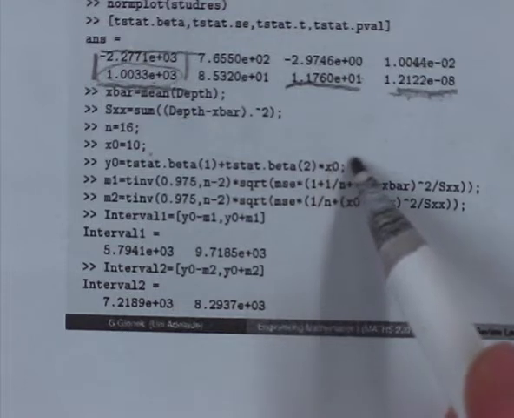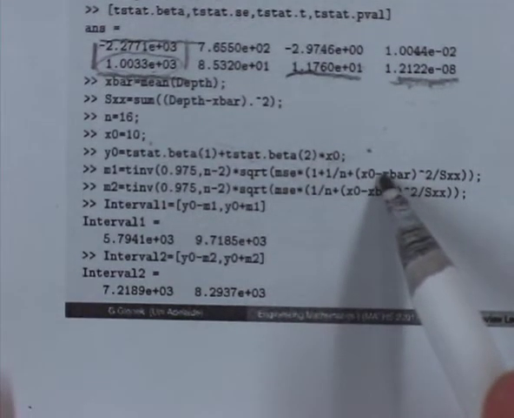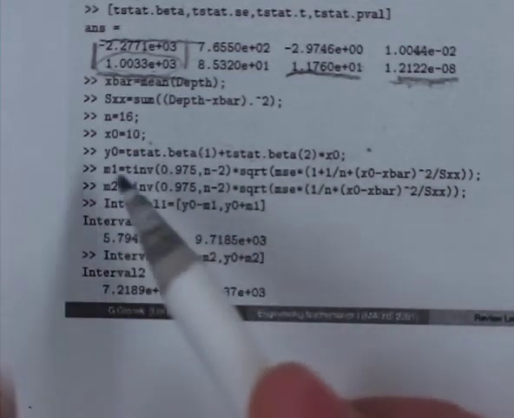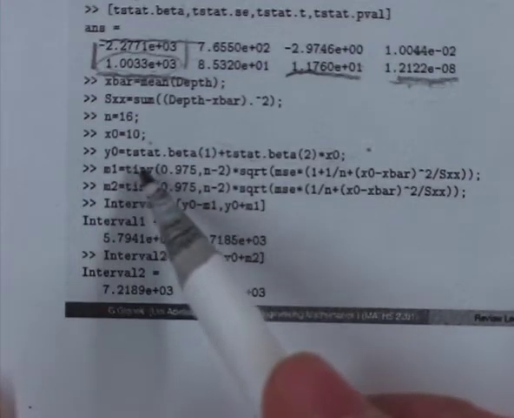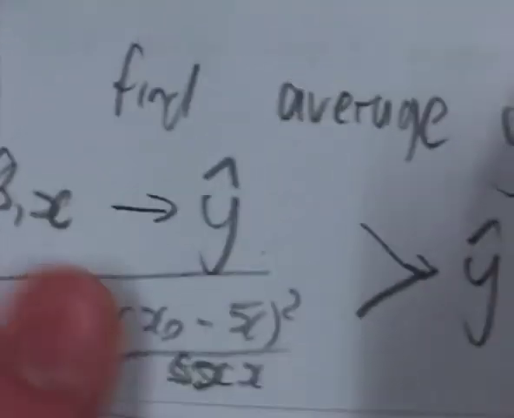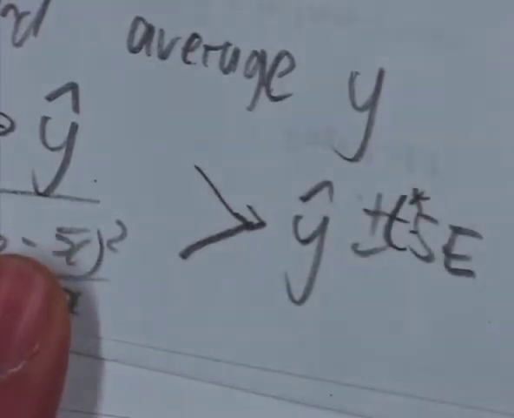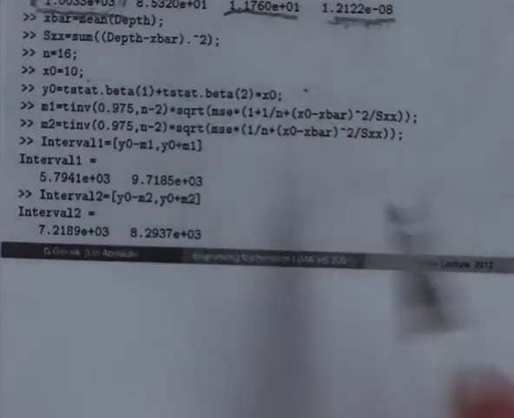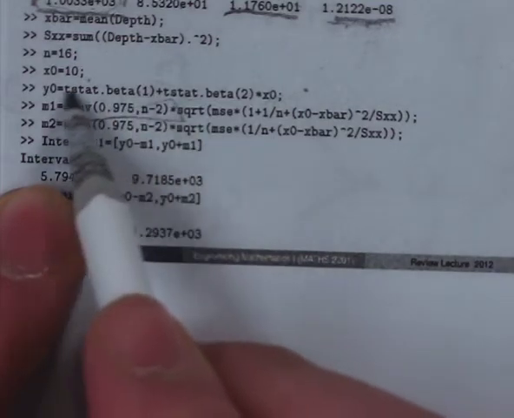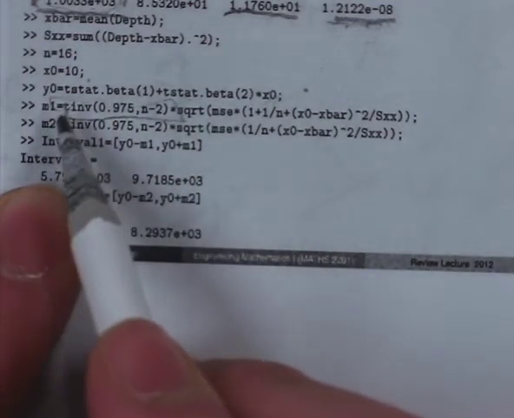Okay, so this is the bit where he subbed it in, and this here is the bit where he has found the top end of the confidence interval, because you've seen that this here has got a T star. You can read it off this thing, and he's reminded you how to do it. He's found the T star here.